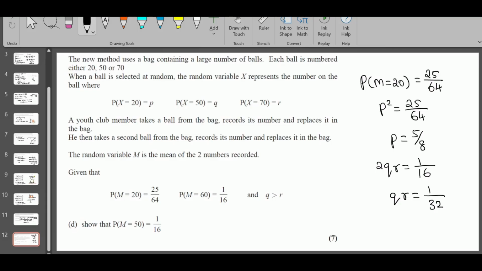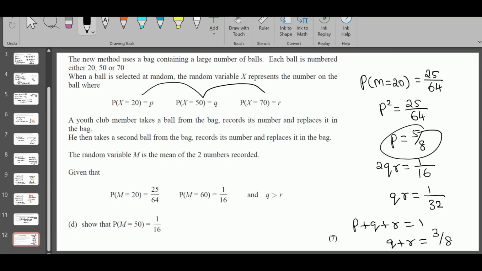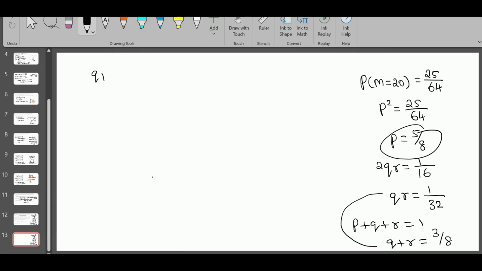And then we know when we add all the probabilities, P plus Q plus R is 1. We know the value of P, so bring it to the other side. Q plus R is 1 minus P. P is this, so 1 minus P is 3 over 8. We are going to solve these 2 and find the values of Q and R. So Q plus R is 3 over 8, so R is 3 over 8 minus Q. I'm going to call these equations 1 and 2.